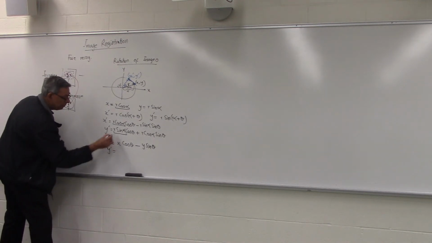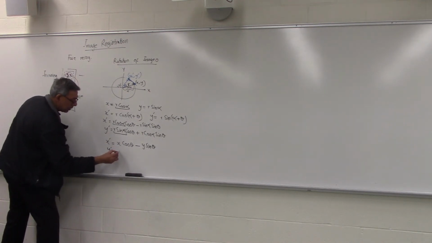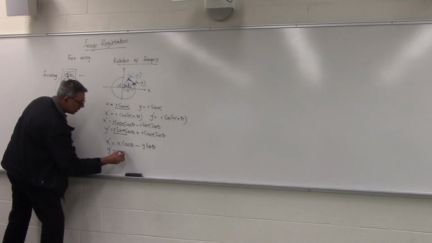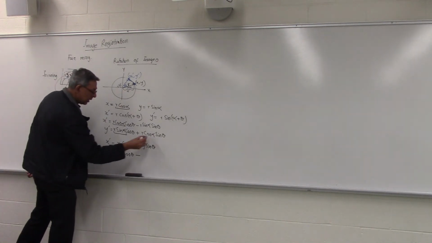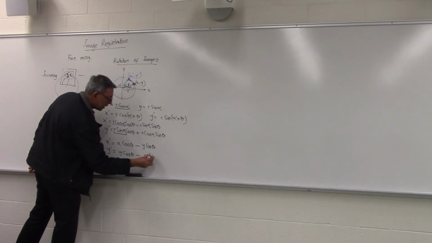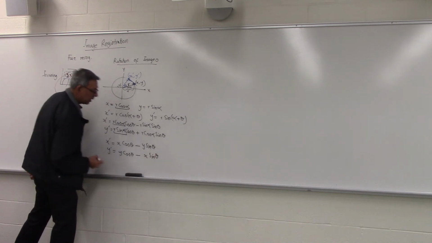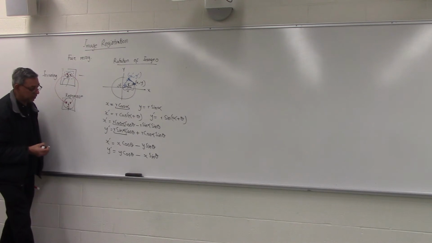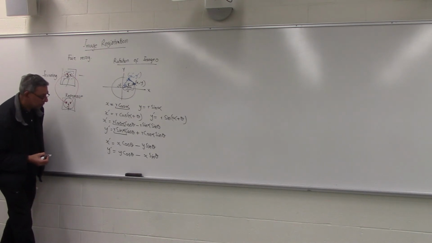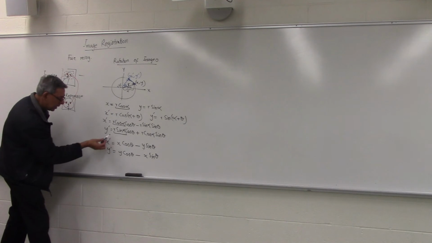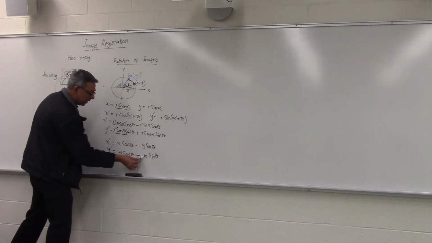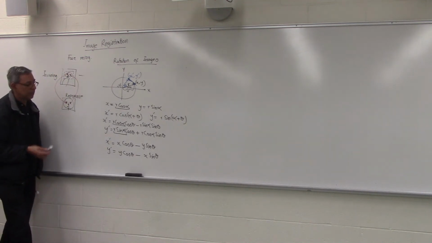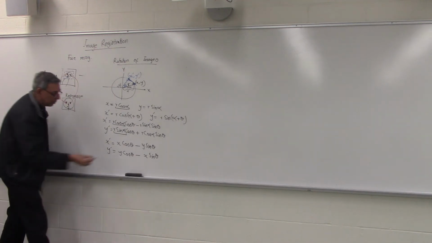Y prime will very similarly become y cosine theta plus x sine theta. Did I make a mistake? r sine alpha is y, r cosine alpha is x, right? The sign is plus.